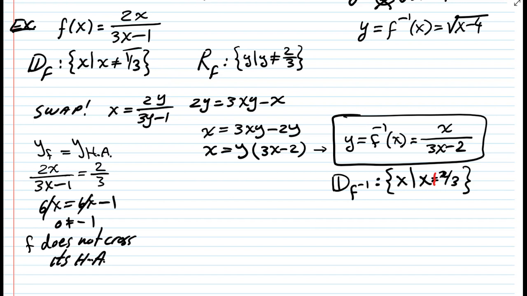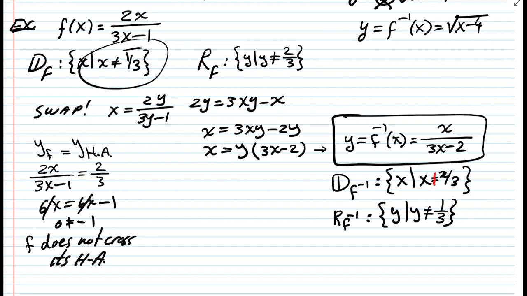The range of the inverse function, therefore, is going to be y, such that y cannot equal 1/3. Again, we can test whether this crosses the horizontal asymptote. It won't cross it. So we have to be careful here again on how we label these.